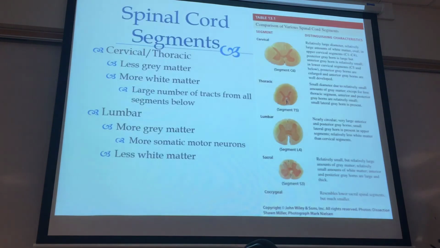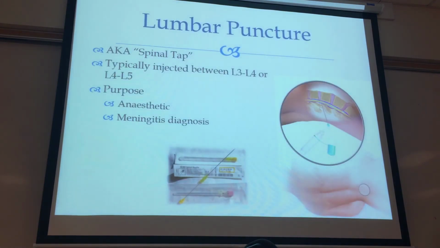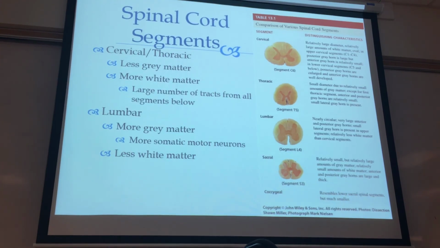So expect that in the cervical regions, there are a lot more tracts, a lot more axons traveling through. Like I said, these axons are myelinated, hence the white matter on the outside. So why is there more white matter in the cervical region? Because that's a longer distance to travel to the brain?